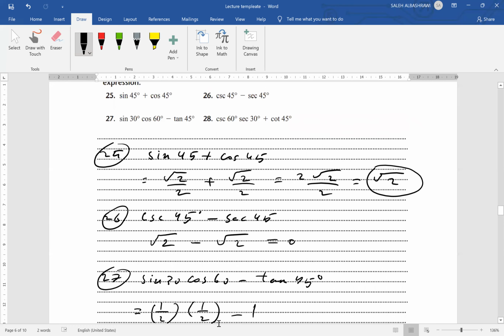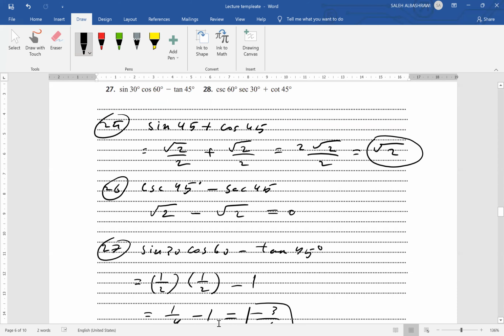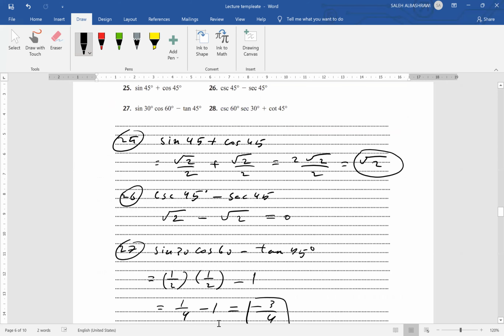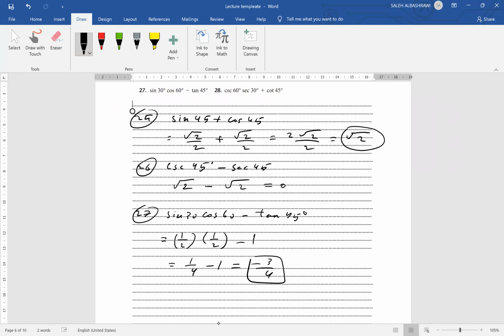Last one is 28. We have cosecant 60, so just write the question. We have cosecant 60 multiplied by secant of 30 plus cotangent of 45.